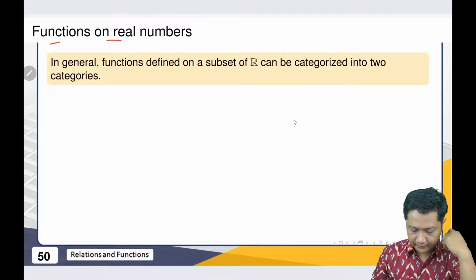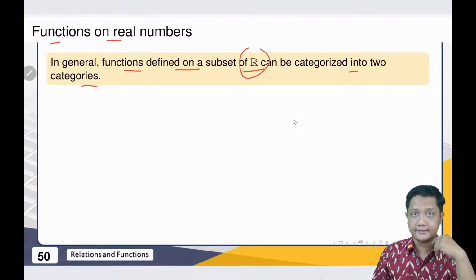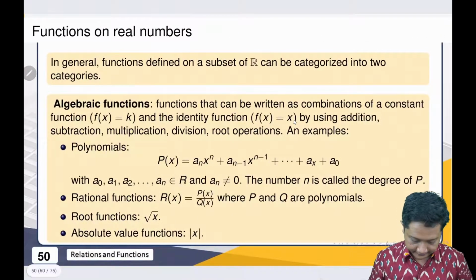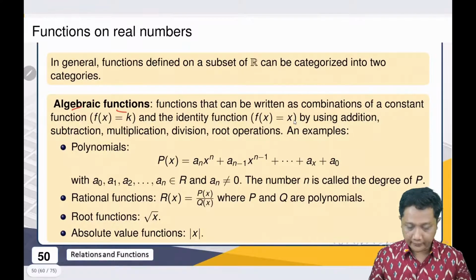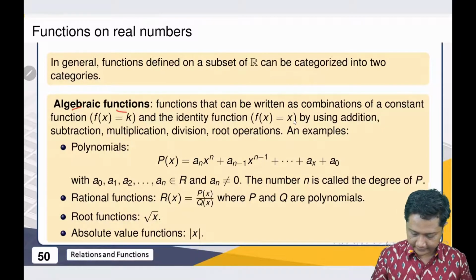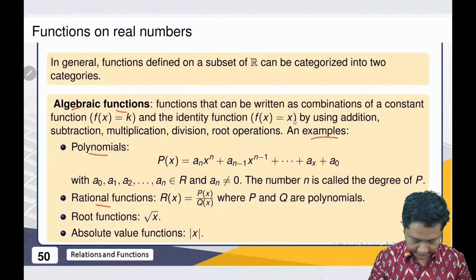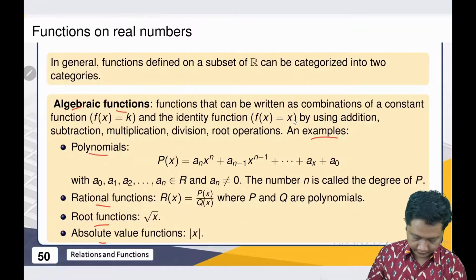functions on real numbers. In general, functions defined on a subset of R can be categorized in these two categories. The first one is algebraic functions. And what are the examples? The examples are polynomials, rational functions, root functions, and the absolute value function.